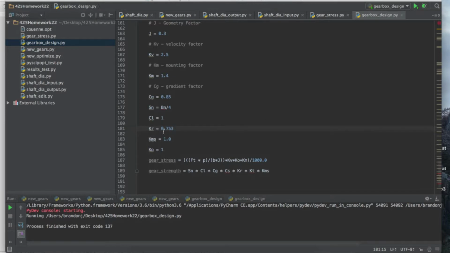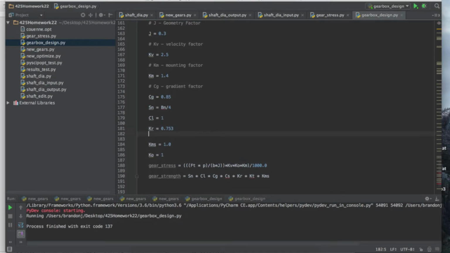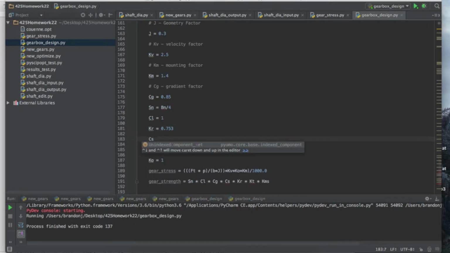I believe this is for a 99.9% reliability, which translates to, I think, about 75,000 miles total if you drive an average of 22 miles per day or something. And then CS is going to be, one second.